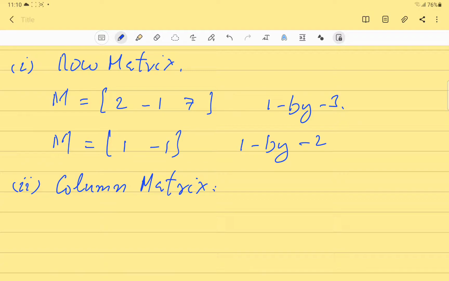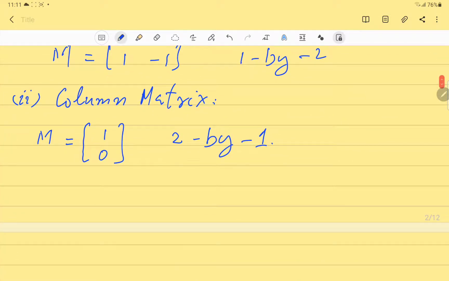So its example is M is equal to 1, 0. So you can see there are two rows and one column. Its order is 2 by 1. Let's take another example.